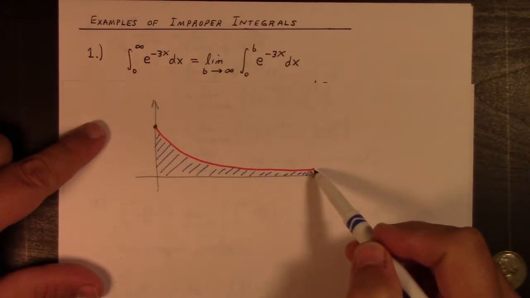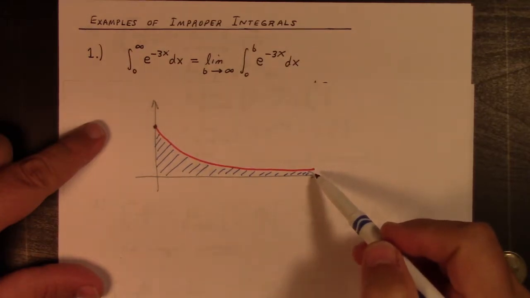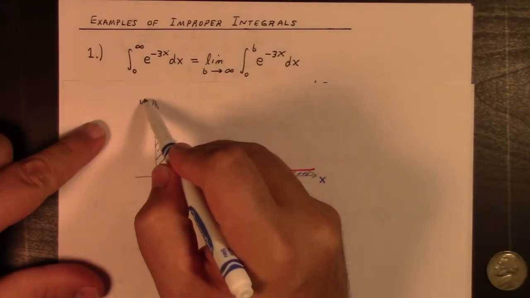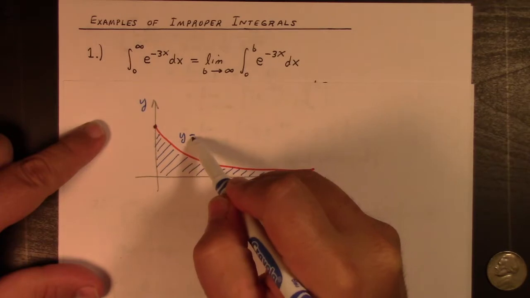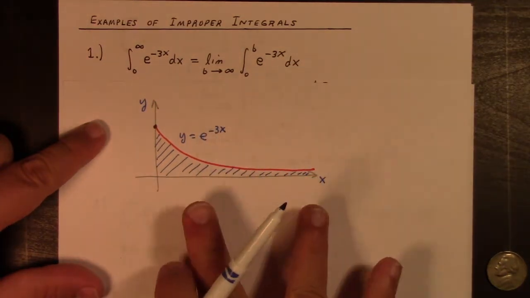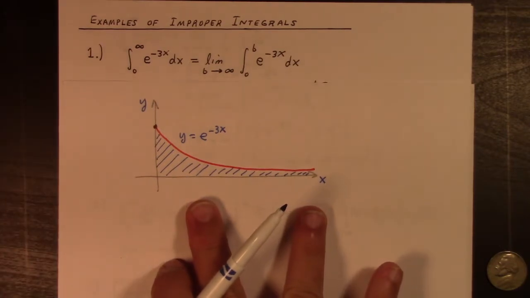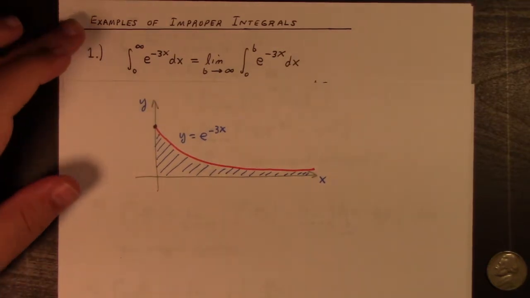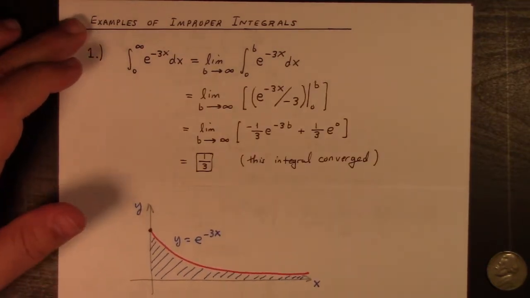That's just bad artistry on my part. This gets closer and closer to the x-axis as we go on, right? And so this graph y equals e to the minus 3x, despite having an infinite width, its height gets so small so fast that the area is nevertheless bounded and equal to, as we calculated, 1/3.